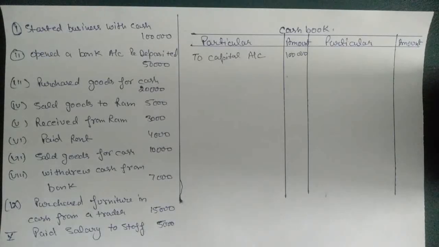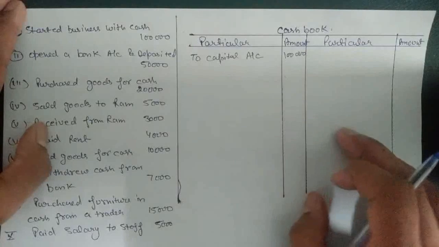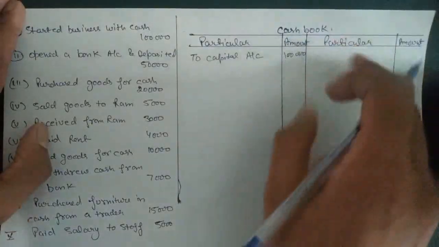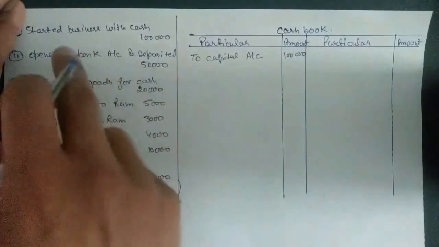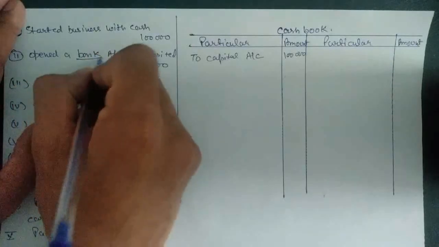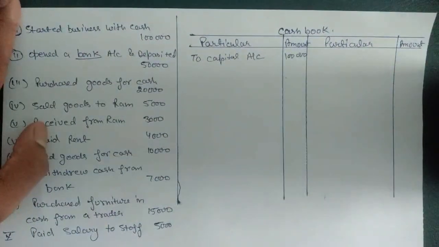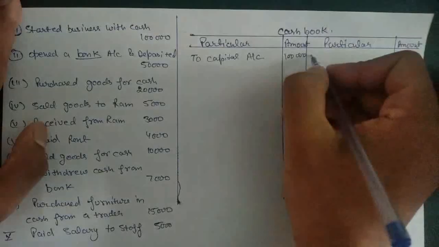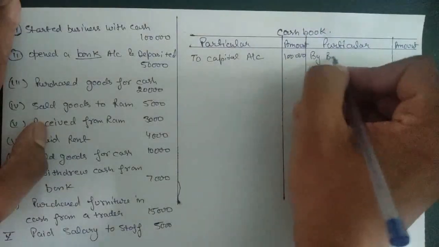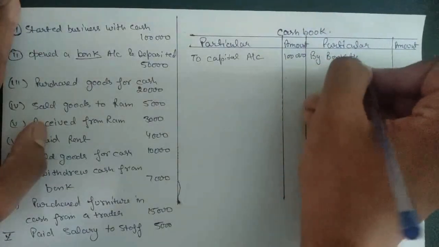So we have 50,000 outflow of cash from the business. Outflow we will record on this side, but with what name? Bank, because we are depositing money in the bank, and the journal entry for depositing money in the bank is bank account debit to cash, because there is an outflow of cash. By bank account 50,000.